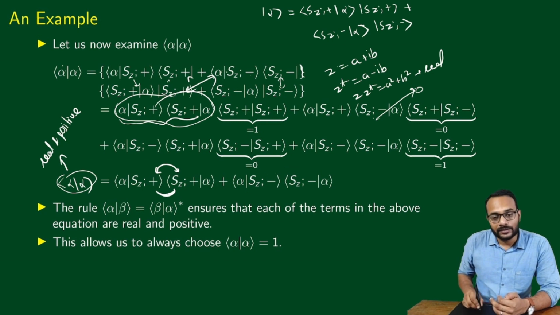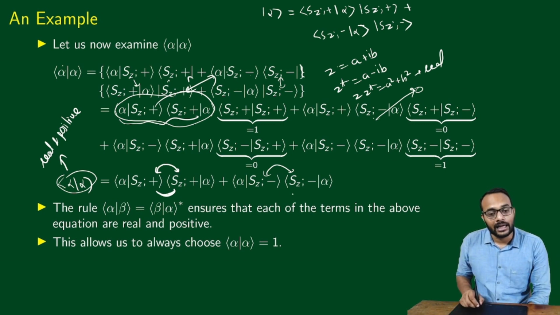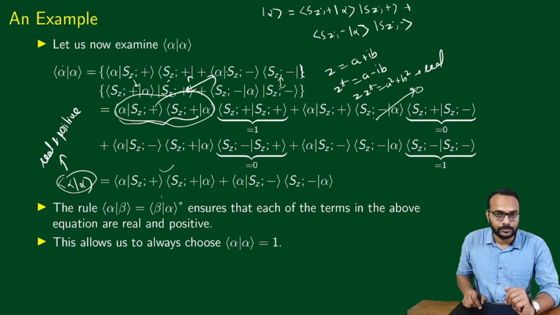So if this is the complex conjugate of this and vice versa, then this is also real. Now, the rule that we already used, bracket alpha beta is equal to bracket beta alpha star, this postulate ensures that each of the terms in the above equation are real and positive. So this term is real and positive, and this term is also real and positive.